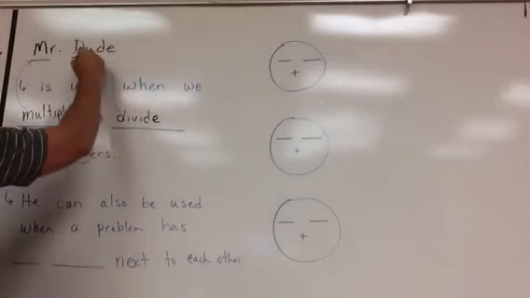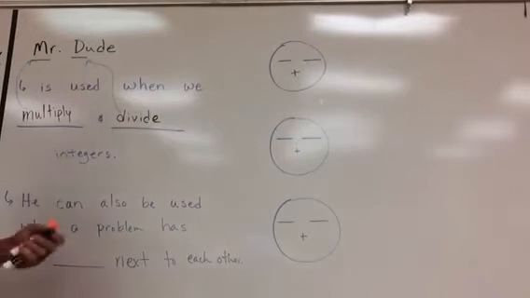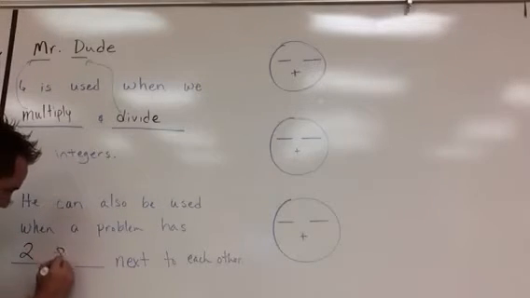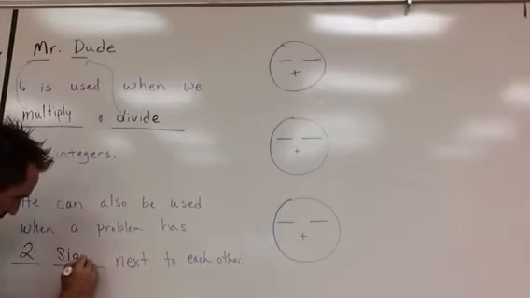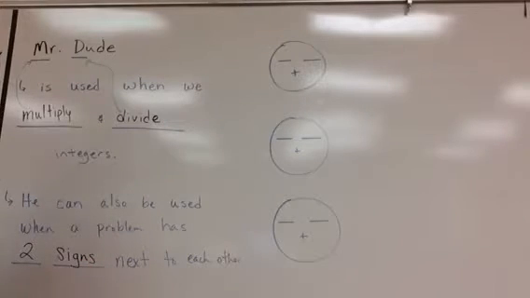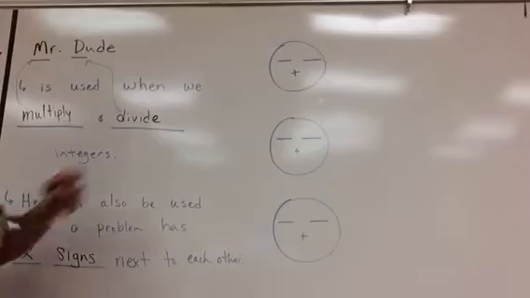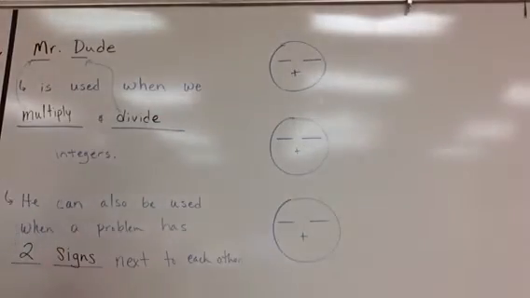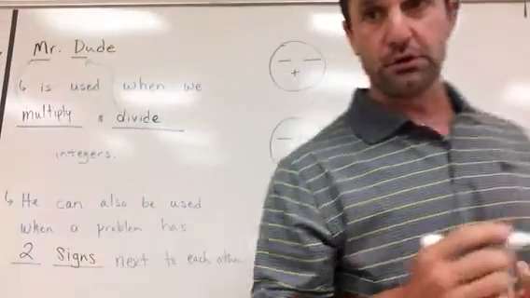And the D in Dude is also underlined, again, division. Okay? Mr. Dude can also be used when a problem has two signs next to each other. And I'm going to talk about this one in a little bit. Let's come over here and let me show you the example of how Mr. Dude works.